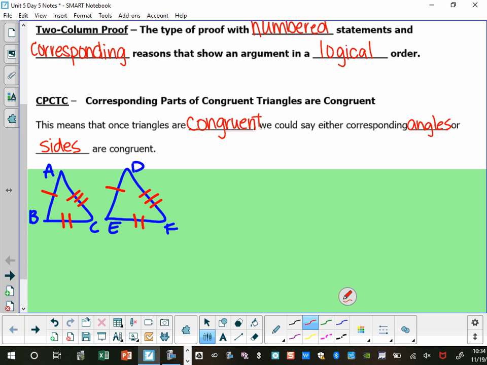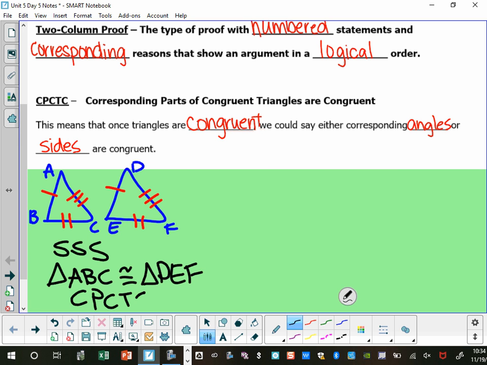This would be side-side-side. On your quiz, you wrote side-side-side, and then you said triangle ABC would be congruent to DEF.